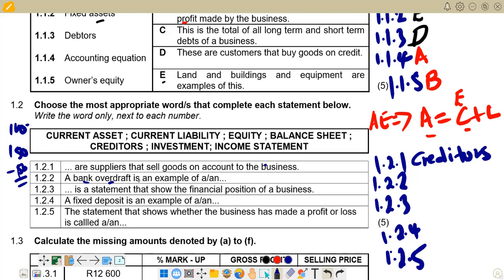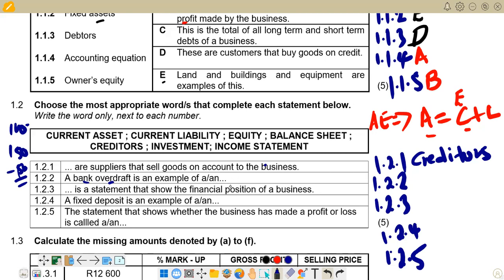So this 50 rand here becomes the overdraft that has taken place. So they are saying a bank overdraft is an example of, when we are now in the balance sheet, we regard it as a current liability, because we expect to pay back this money. When there's an overdraft, we are owing the bank and we need to pay back that money, but we expect to pay that money within a period of less than a year. Then now it becomes a current liability.